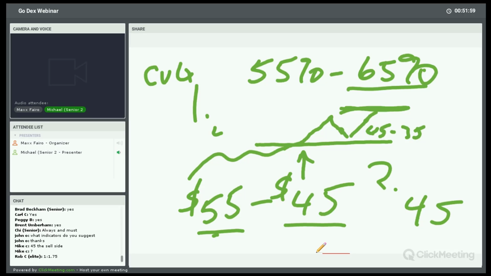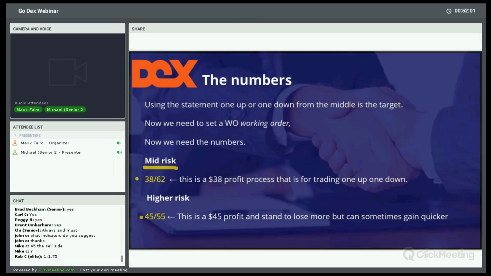So why would you trade 38.62 over maybe 45.55? Well, can anybody in the room tell me why you would trade 38.62 over 45.55? Lower risk, yeah.